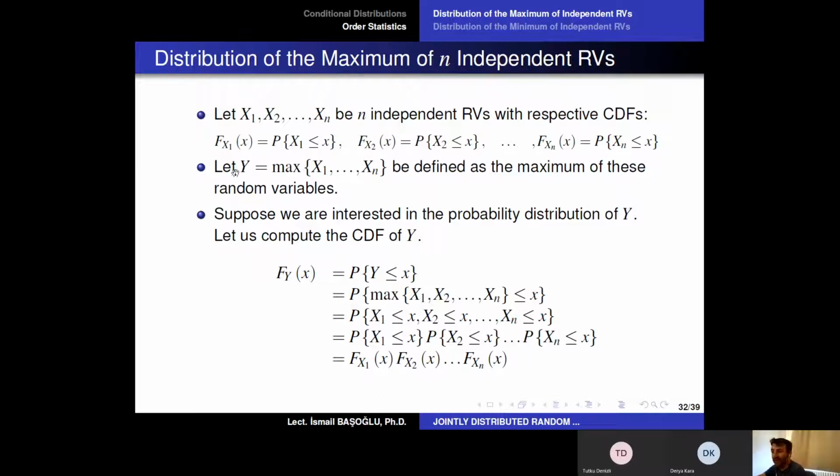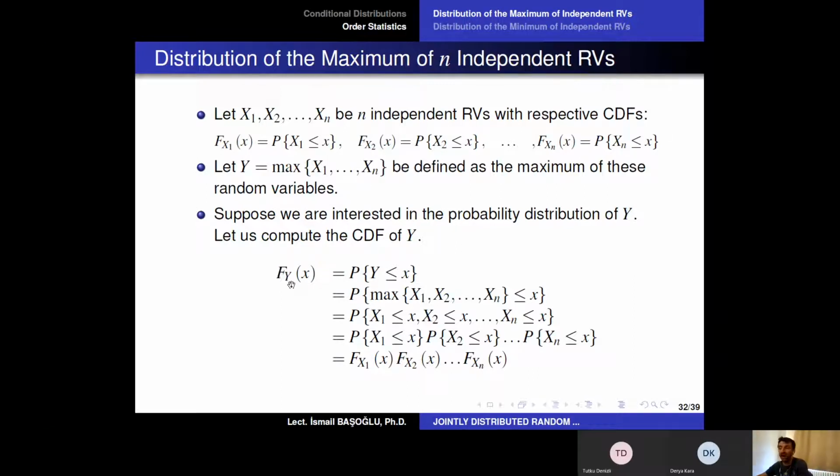Now, we define y here as the maximum of n independent random variables, and each of these independent random variables has its own CDF, fx1, fx2, fx3, and so on and so forth. So suppose we are interested in the probability distribution of y, and the probability distribution of y is what?